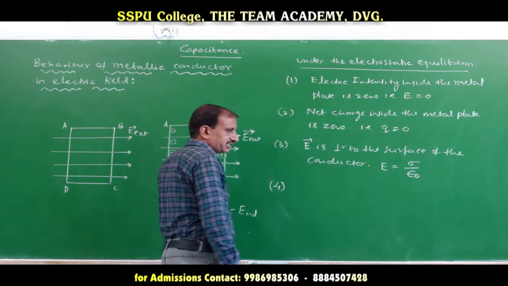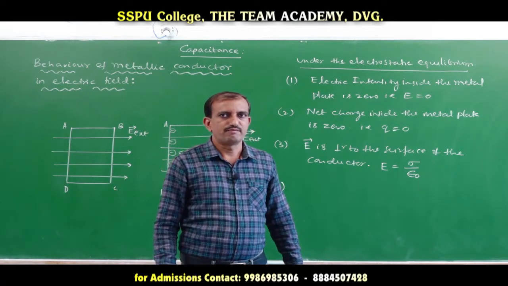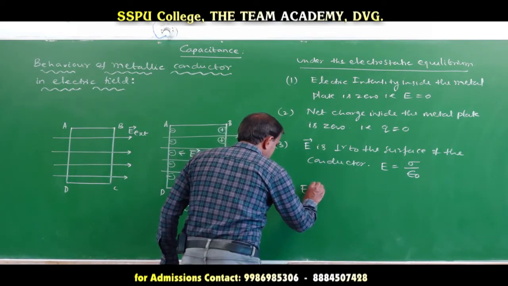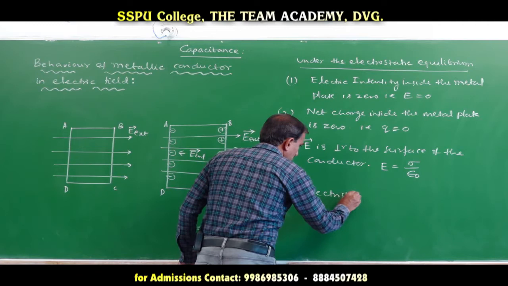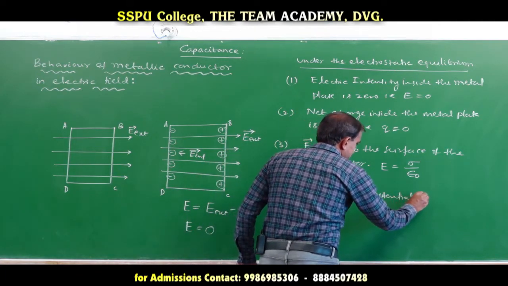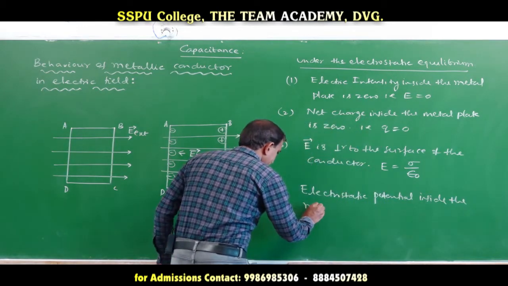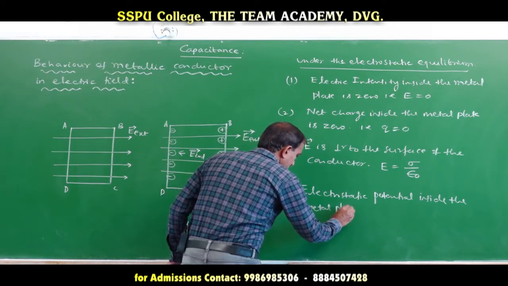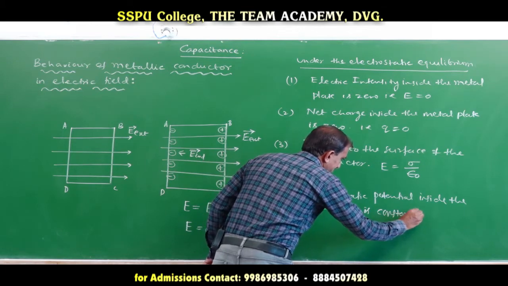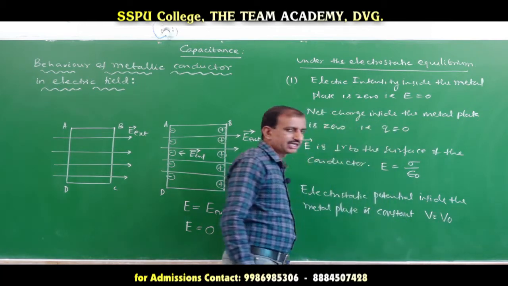The fourth point is that the electrostatic potential inside the metallic conductor is constant and is equal to the potential at the surface of the metal plate.